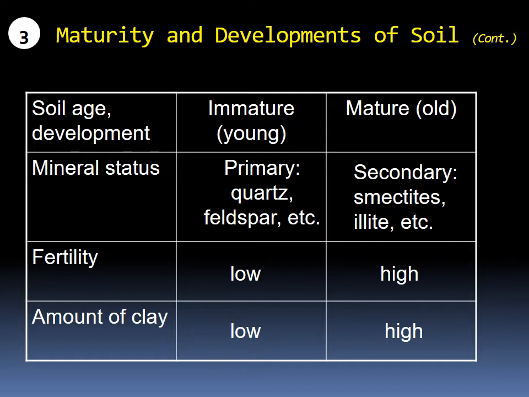Because what happens with maturity, that with intensive physical and chemical weathering, the soil particles can be broken down into a very fine size, into the clay size, to be less than 0.002 millimeter in diameter, for example. And that's why you have more clay in a mature soil compared to a young soil.